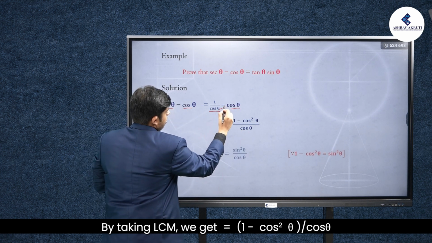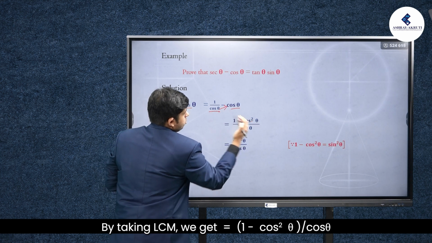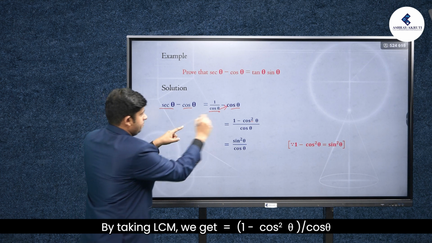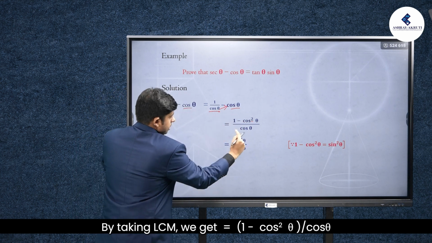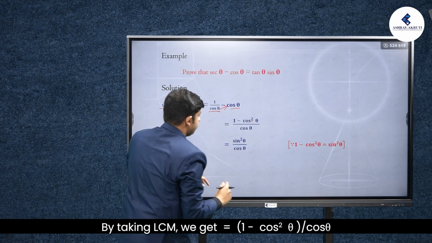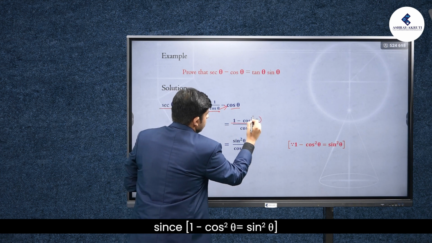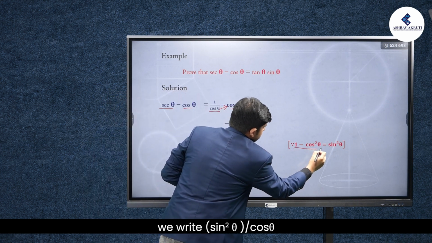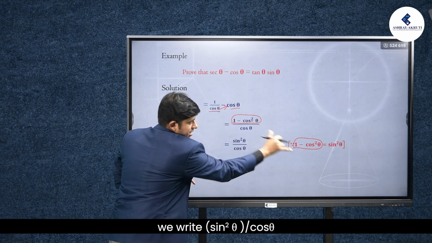By taking LCM, we get 1 minus cos square theta by cos theta. Since 1 minus cos square theta is equal to sin square theta, we write sin square theta by cos theta.